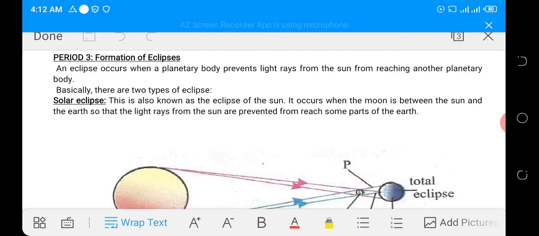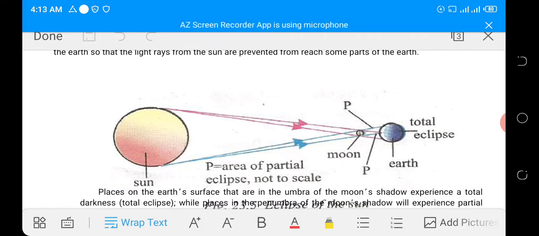And this solar eclipse can be normal solar eclipse and annular solar eclipse. So normal solar eclipse occurs when the moon is in between the sun and the earth. It shows that light rays from the sun are blocked by the moon from reaching some part of the earth.